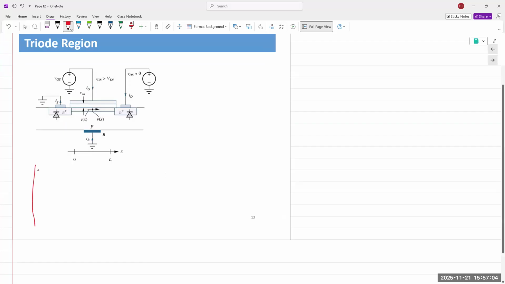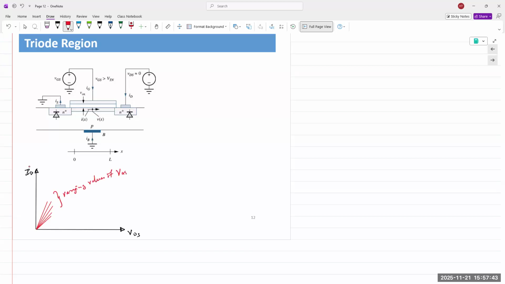So if you plot a graph of ID versus VDS, this is what you would see. 1, 2, 3, 4: varying values of the gate voltage, varying values of VGS.